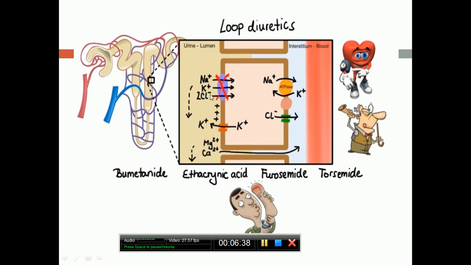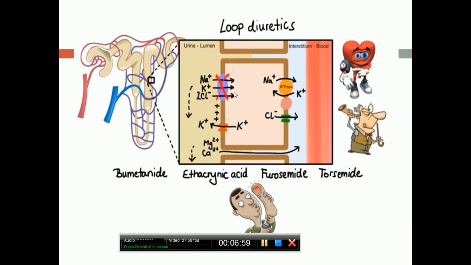So this channel is also called electrically neutral because it transports the same amount of charges in the same direction. So towards the same direction, that is why it is called a symporter.